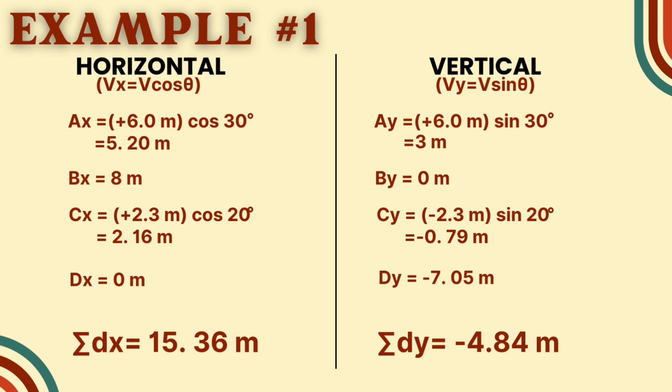So in our horizontal, our Ax is 5.20, and our Ay is 3 meter, and Bx is 8 meter, while By is 0 meter, and then Cx is equal to 2.16 meter, and Cy is equal to negative 0.79 meter, and lastly Dx is equal to 0 meter, and Dy is equal to negative 7.05 meter.